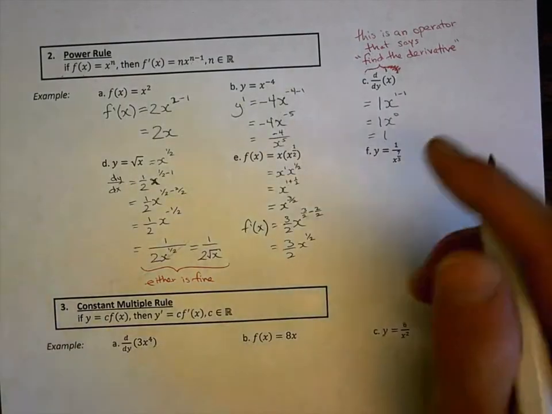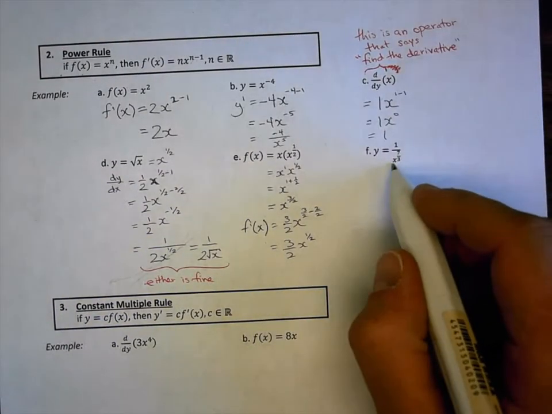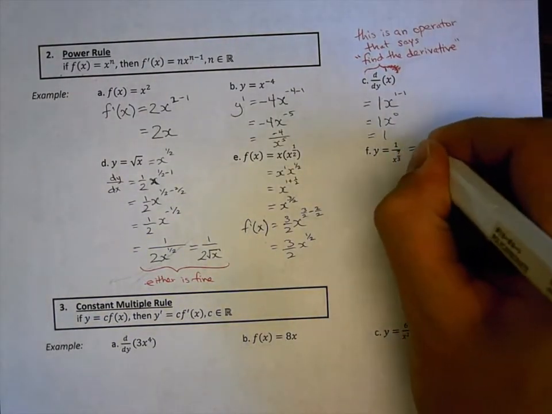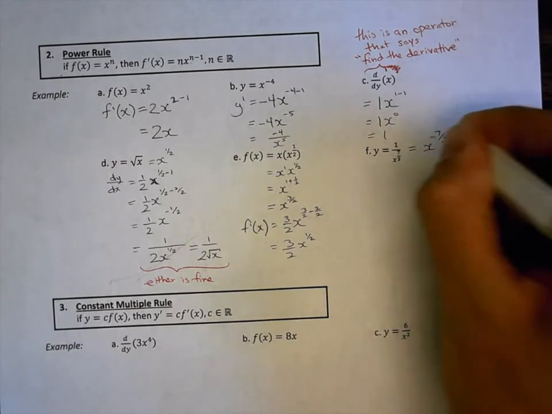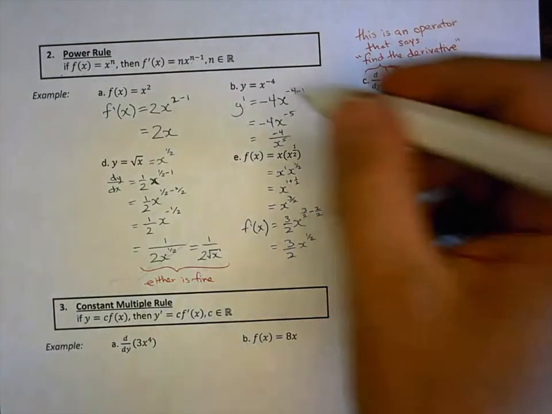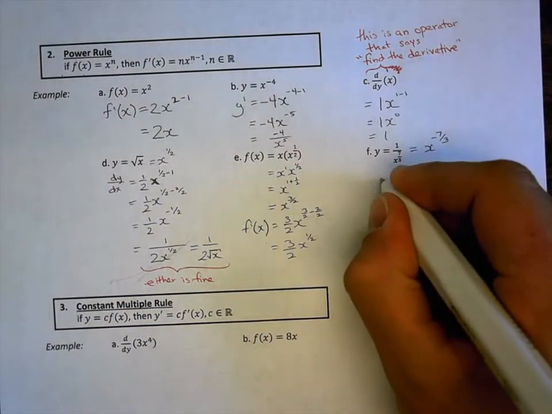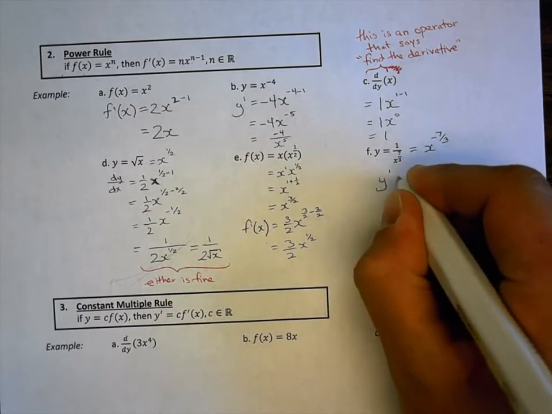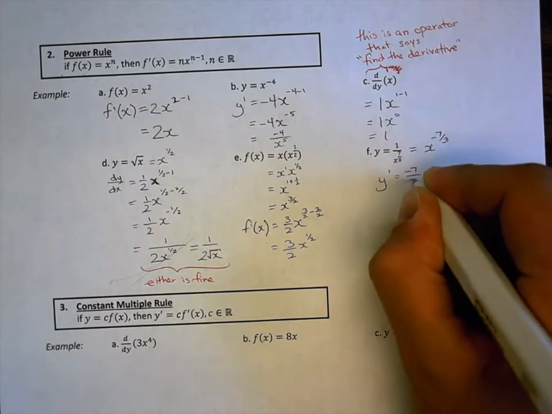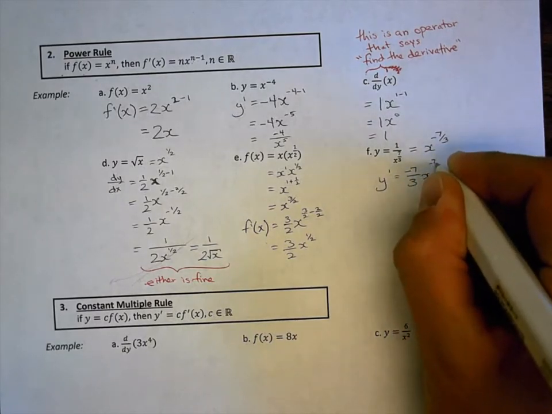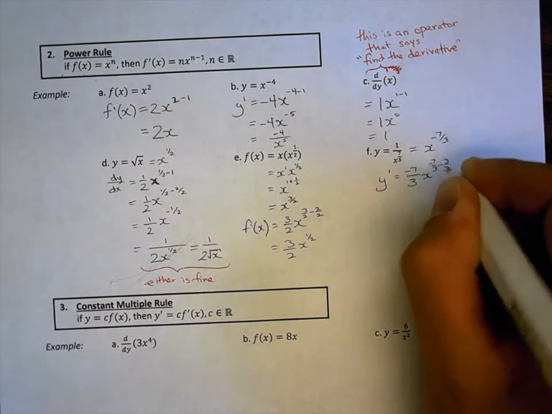Finally, this question, again, I haven't really taught you how to deal with this, but if you rewrite it as a negative exponent, well, now it looks like this rule up here, and I can use my derivative trick, my power rule. So this is negative 7 over 3 x to the negative 7 over 3 minus 3 over 3.